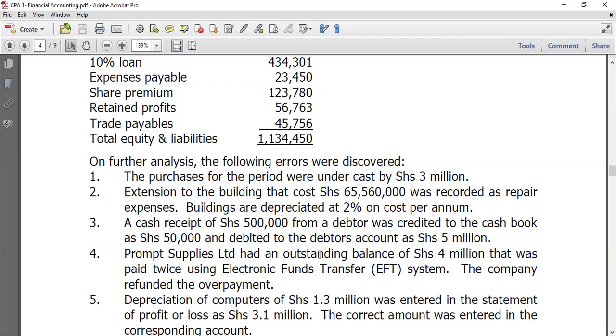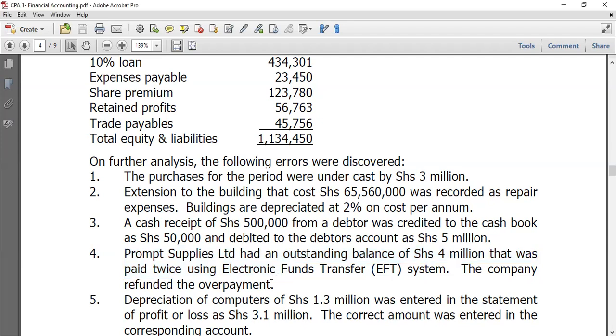So they had an outstanding balance of 4 million that was paid twice using EFT, and they're telling us that the company paid back the money. Okay. So you just ask yourself, what would be the effect of this transaction in itself?